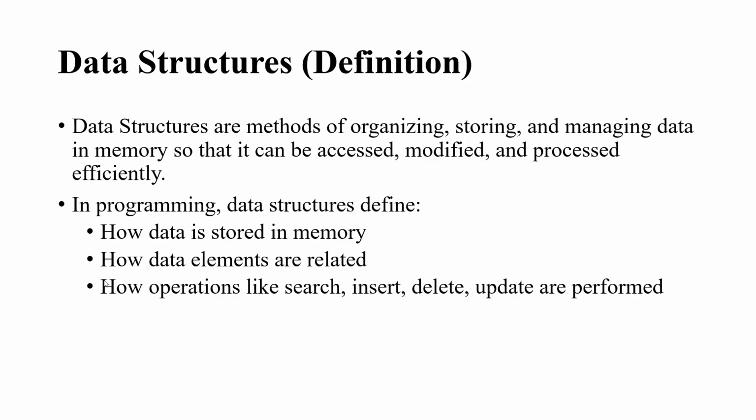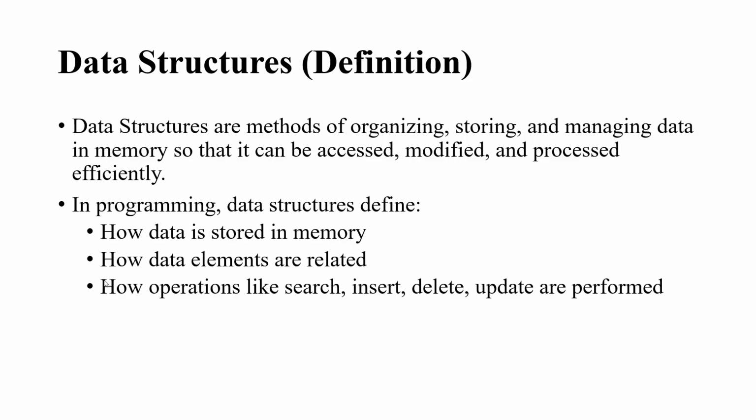Let us say we don't have any organization of data. For example, suppose we don't know the meaning of a particular vocabulary word. Let us say we want to find the meaning of the word notorious.